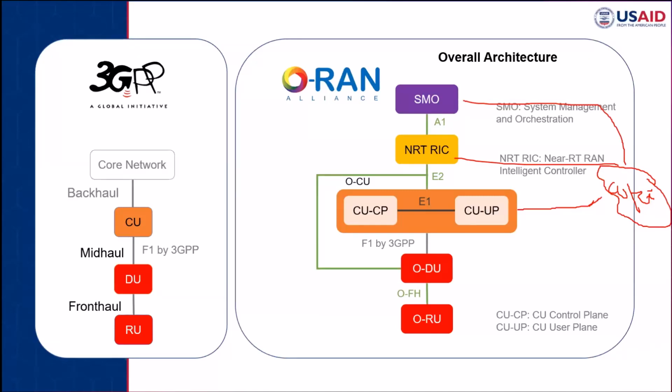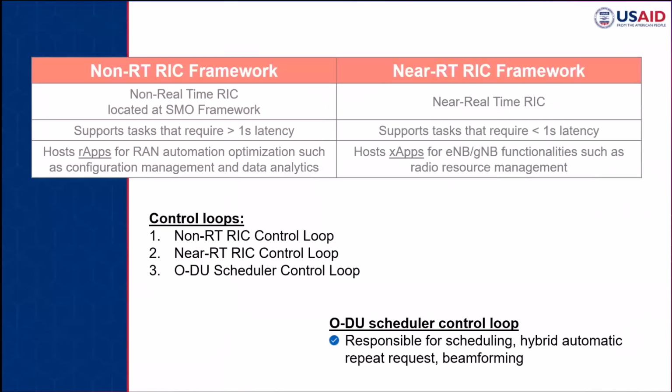And then let's see the control loops. There are different control loops located in this architecture. You can see the different interfaces and connections to different components.